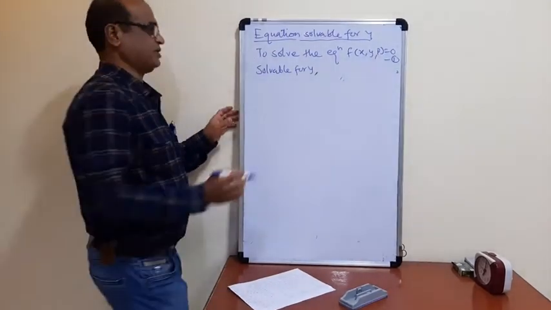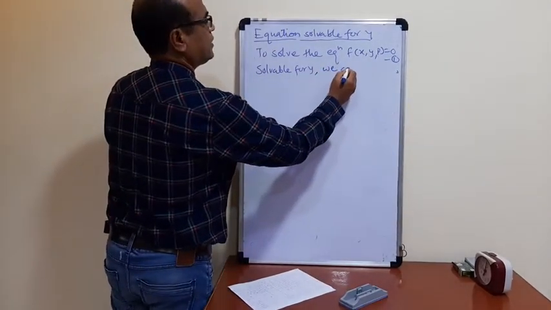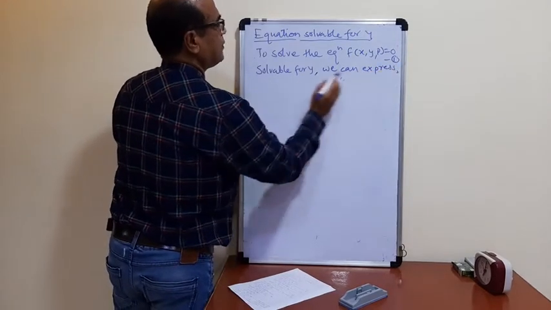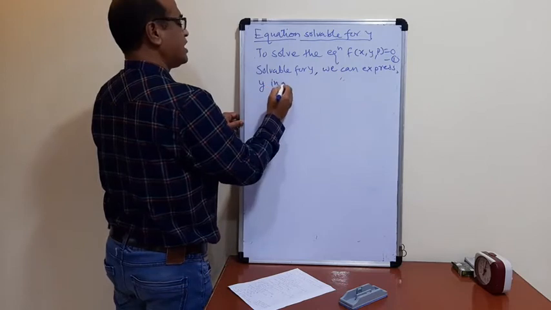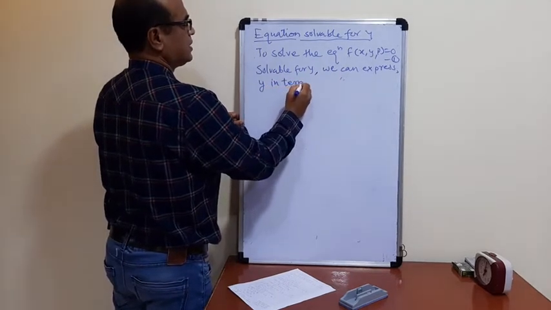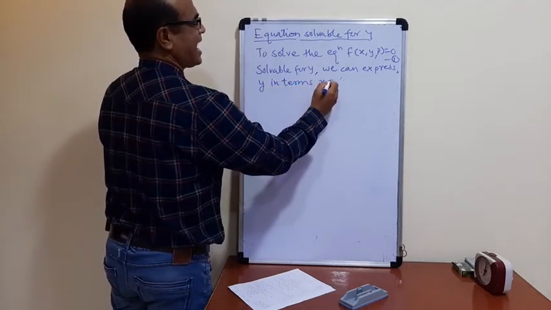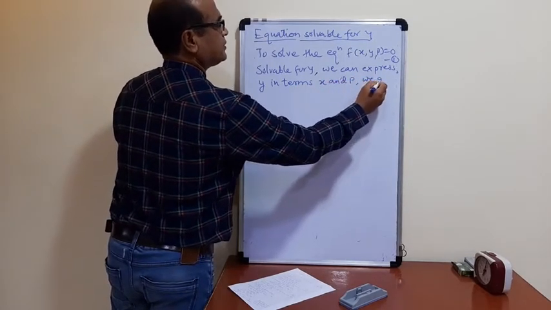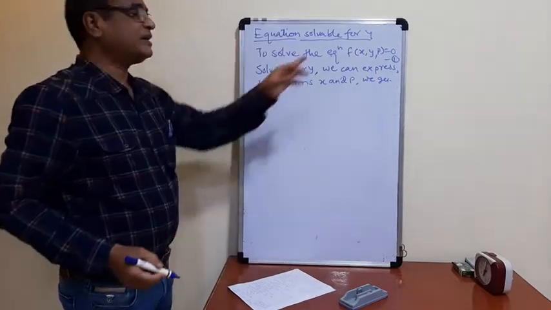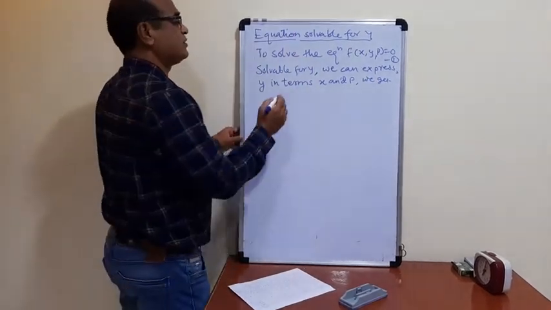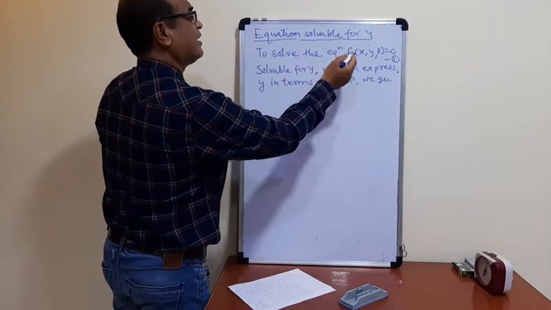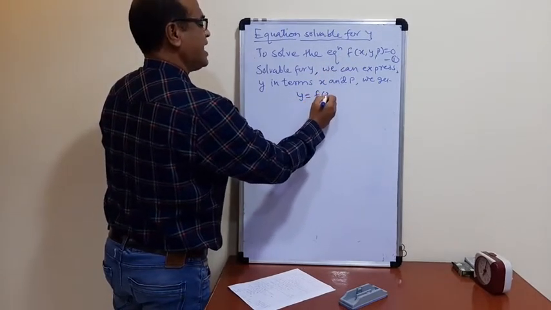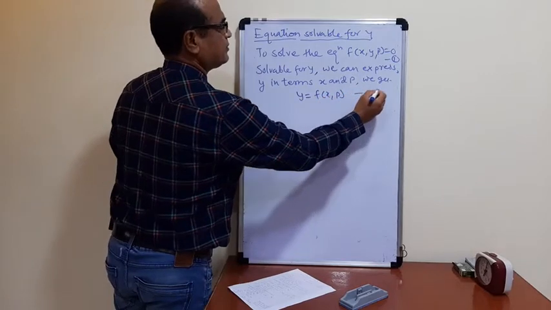We can express y in terms of x and p. So this equation can be written in the form y is equal to f of x, p. So this is equation number 2.